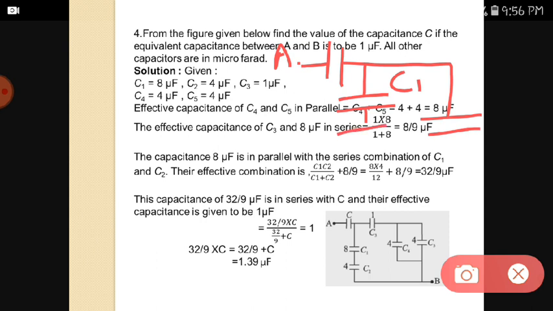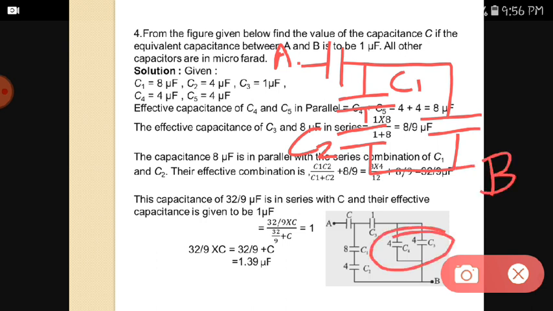C1 and C2, only one remains, and here is the B. By calculating for this, we got 8 mu F. After removing this, we are done with it. So we got here 8 by 9.